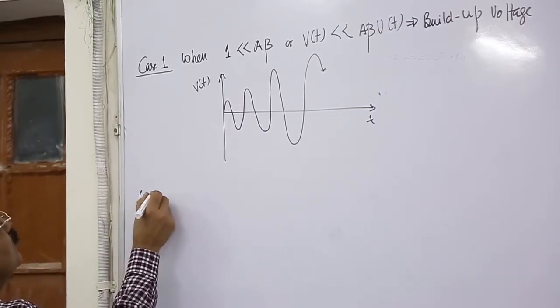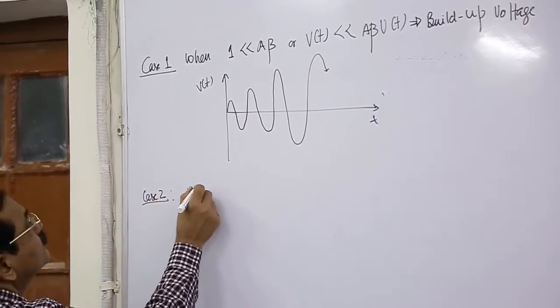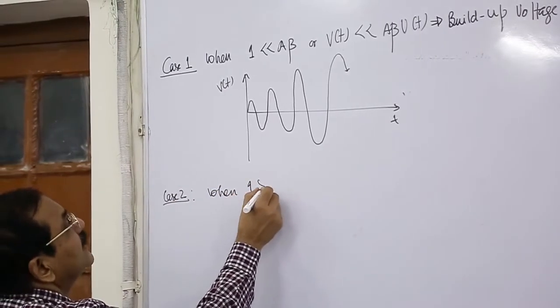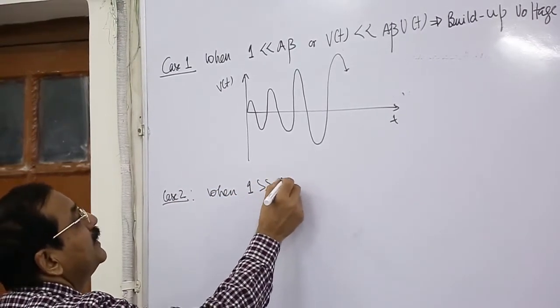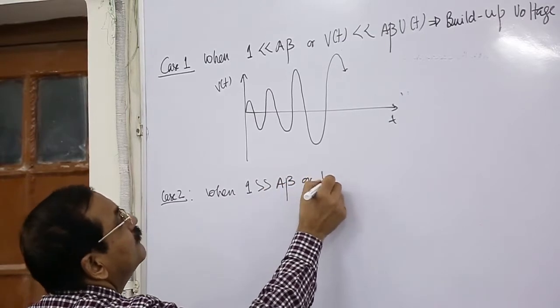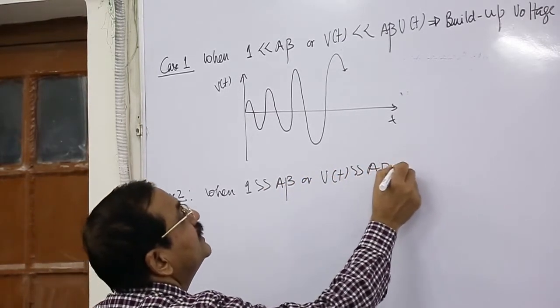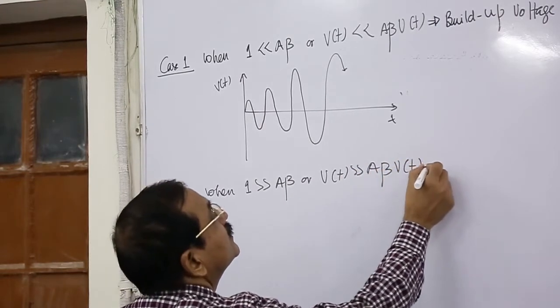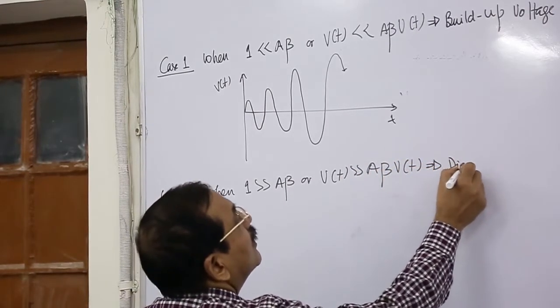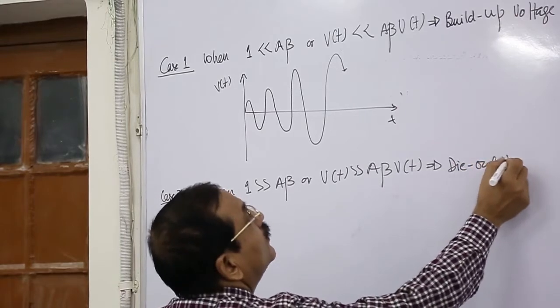Case 2, when 1 is greater than A beta, or Vt is greater than A beta Vt. So this is the die out voltage.